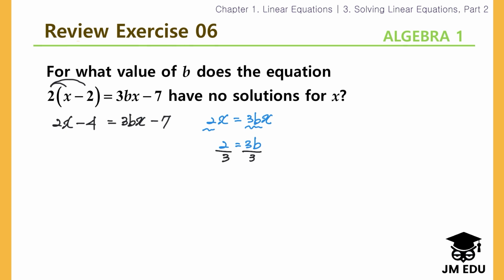Then b is equal to 2 over 3, right? Here, when we look at constants, the constant is already different, right? So the value b is equal to 2 over 3. When b is equal to 2 over 3, this equation has no solutions.